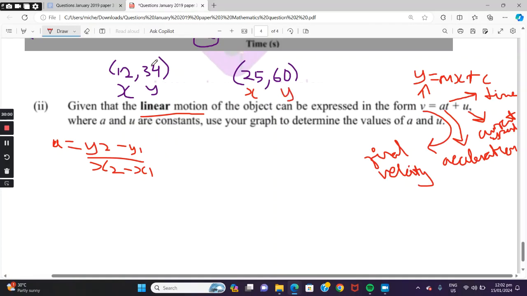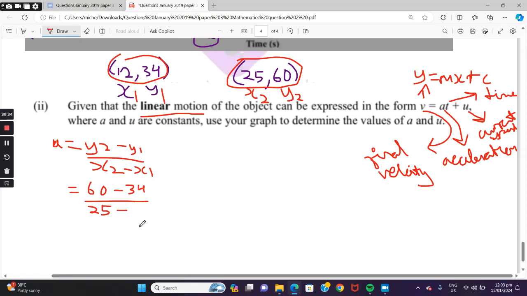So you need two points. This is a point. This is a point. Each point has an x and y coordinate. So you have two coordinates. You have to label. If I say here's x1, here has to be y1. If I say here's x2, this has to be y2. Since y2 is going to be 60, I'll put the 60 and then I'll take away 34, over x2, which is 25, and then I'll take away 12.